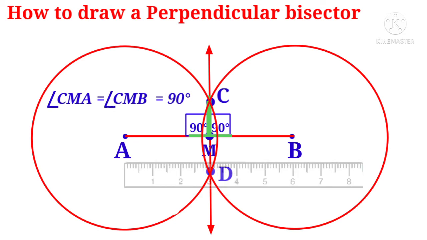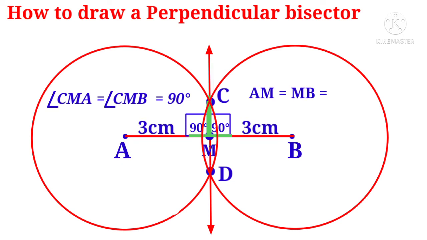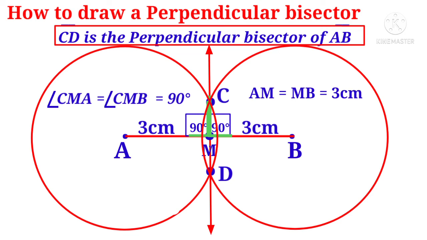Now take the scale and observe that the arrow mark is showing the 3 centimeters midpoint. So AM is equal to MB is equal to 3 centimeters, two equal parts. So we can say that the line CD is the perpendicular bisector of line AB.